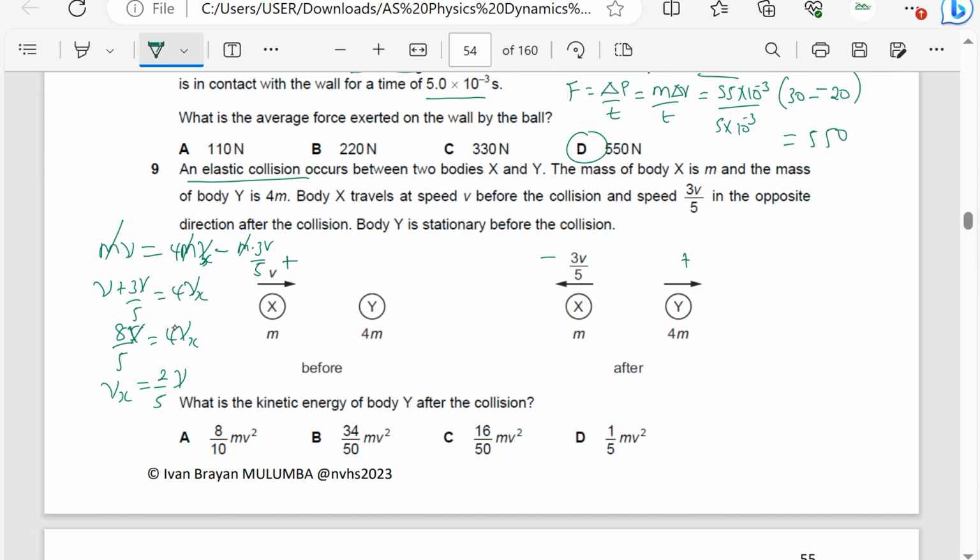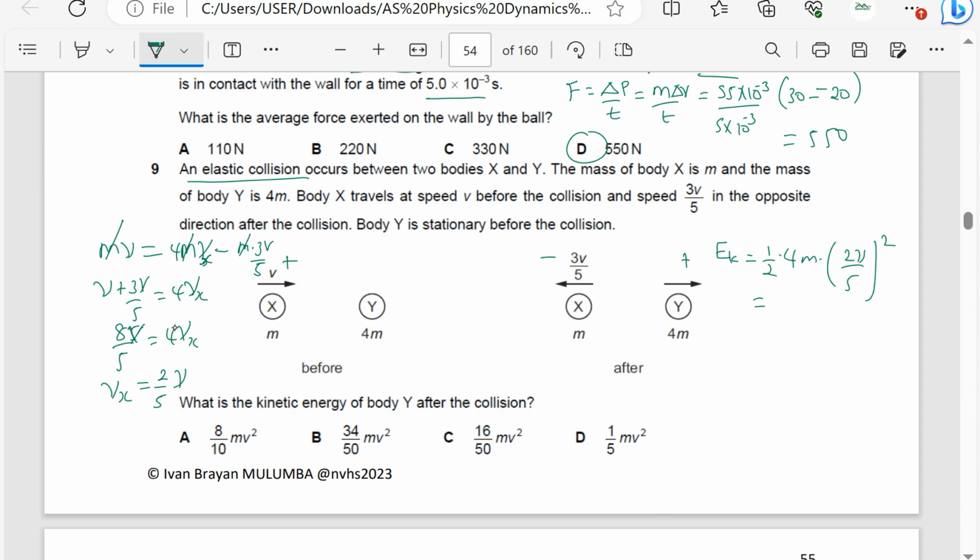Okay, so what is the kinetic energy of body Y after the collision? So we have seen its speed is 2 over 5 v. So its kinetic energy is going to be equal to a half times its mass, which is 4m, times its speed, which is 2v over 5, but this is squared.